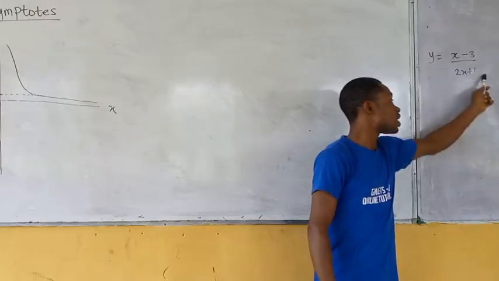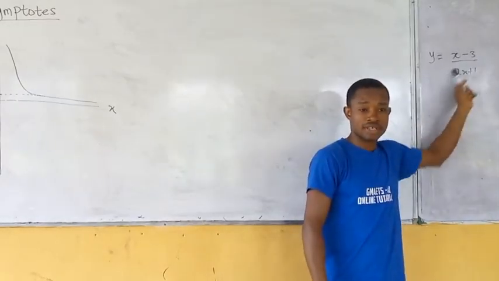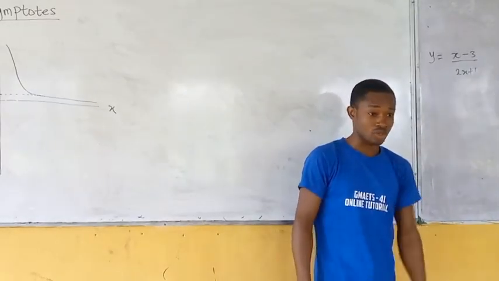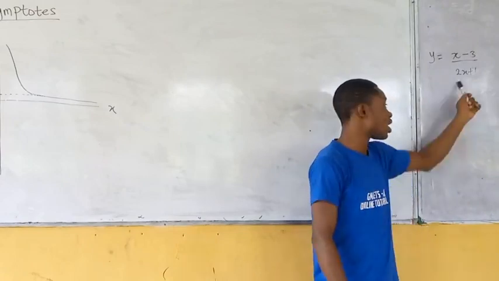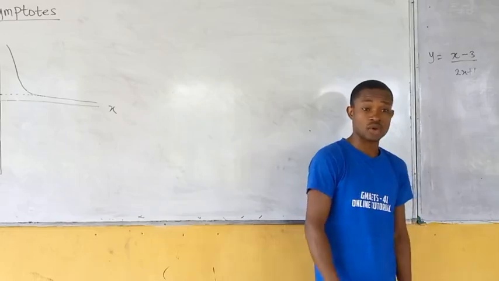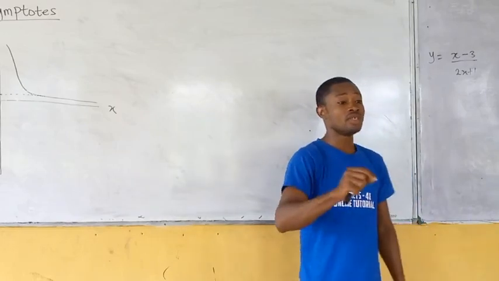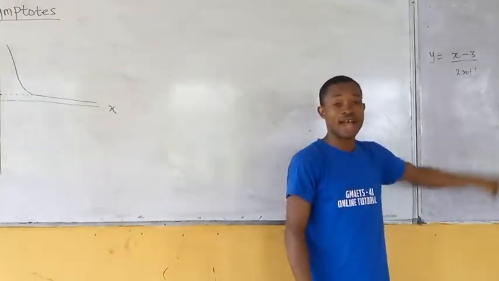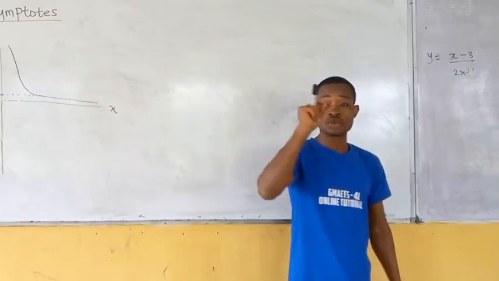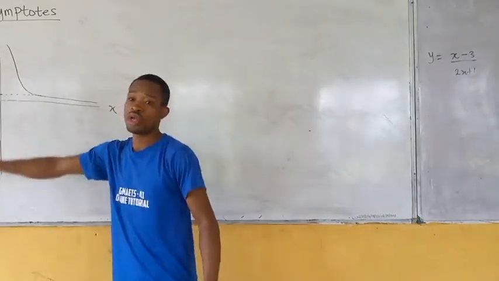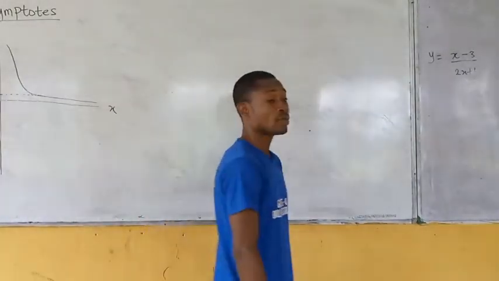Just simply set this denominator equal to 0 and calculate x. In this case, the value of x will be minus 1 over 2. Is that not so? If you set 2x plus 1 equal to 0 and solve for x, you get what? Minus 1 over 2. It means that the vertical asymptote begins at what value of x? Minus 1 over 2. At that point, the vertical asymptote will start.